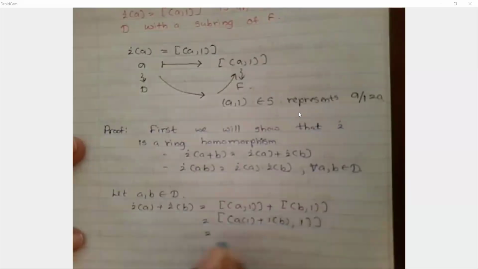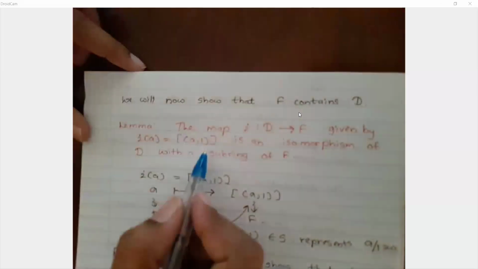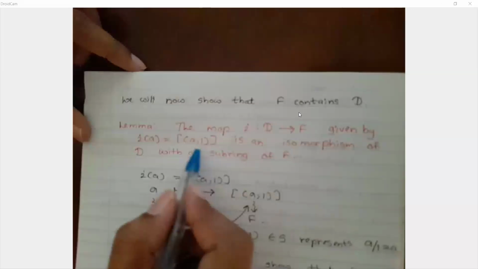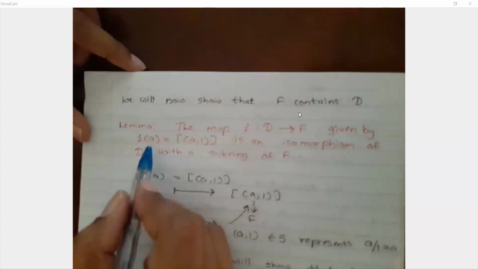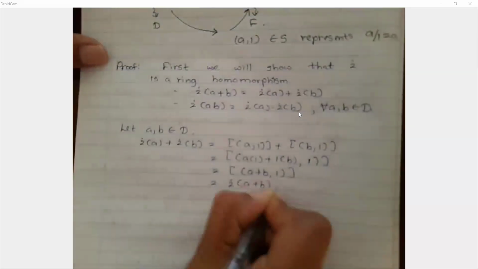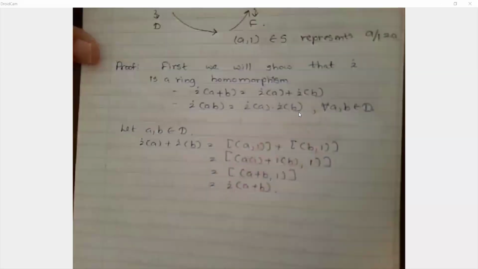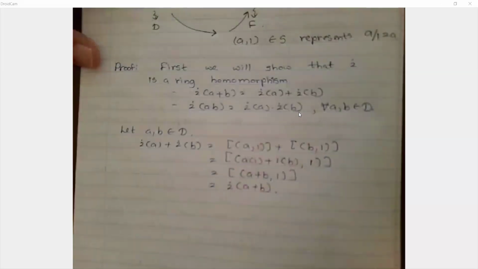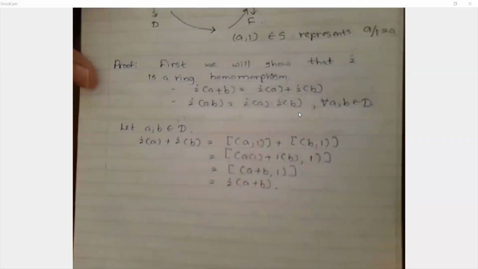This is equal to A plus B, comma, 1. And if you go back to this definition once again, you have this equivalence class of A1, and that is equal to I of A. So by definition of I, this is equal to I of A plus B, exactly what we wanted to show in the first case. Now let's go to the other one.